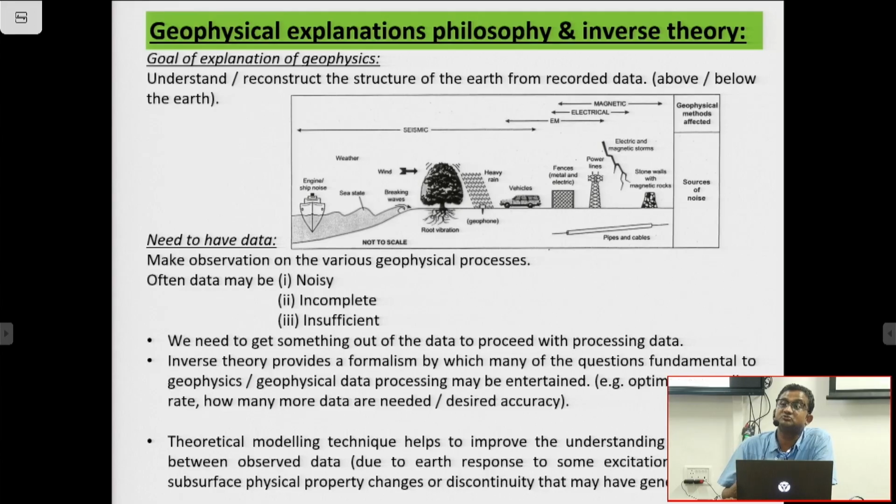At that time we cannot monitor it. Sometimes it happens that villagers disturb the deployment, so the recording is stopped. So you may miss some of the important information. So incomplete data is another issue in all geophysical domains.